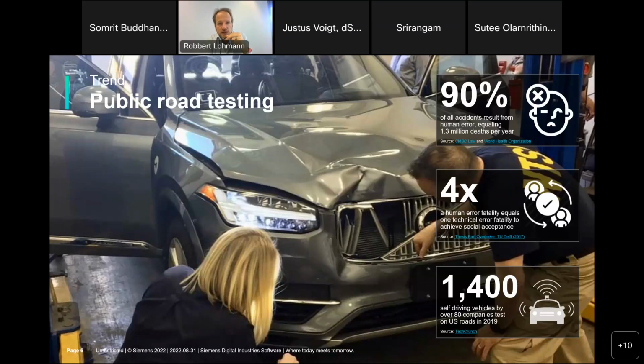So we as people are a little bit more forgiving about other people making mistakes on the road with lethal consequences than when technology does that. So when it comes to the safety level, this is also something to be taken into account. When we say autonomous cars or autonomous vehicles should just be as safe as regular drivers, we might actually be setting the bar too low when it comes to achieving social acceptance.